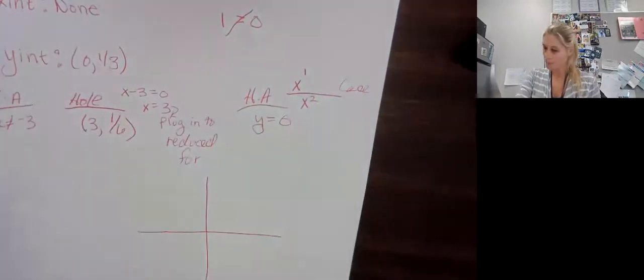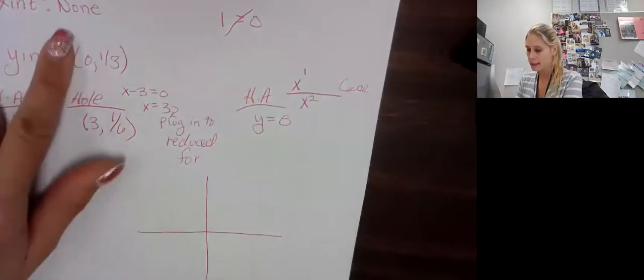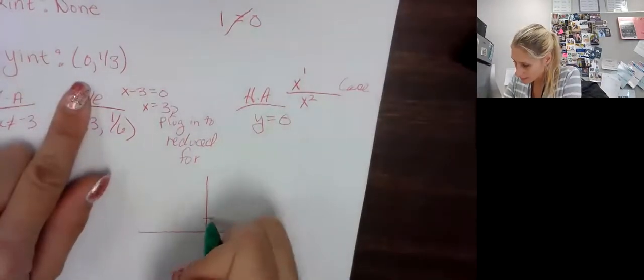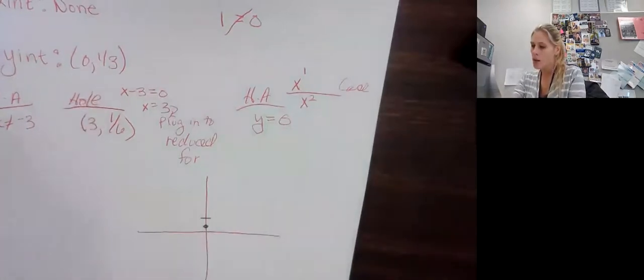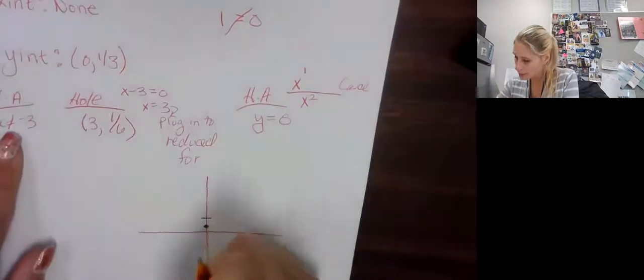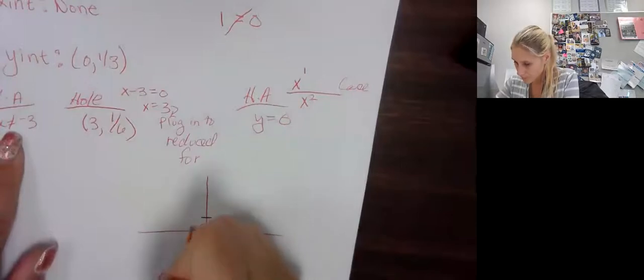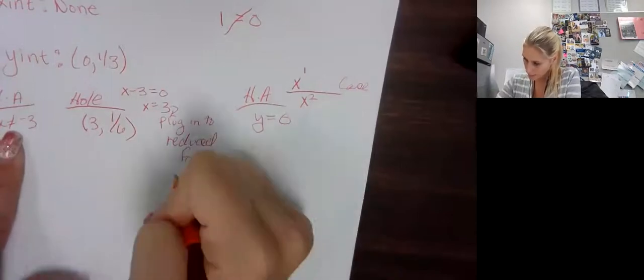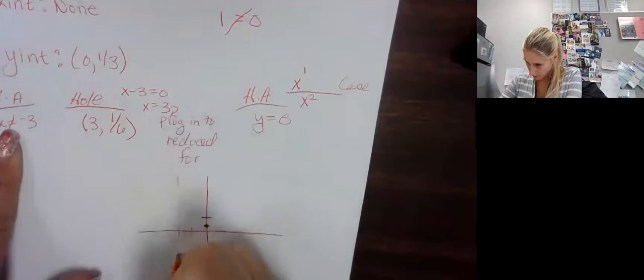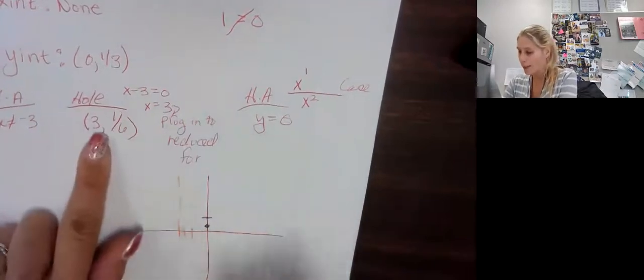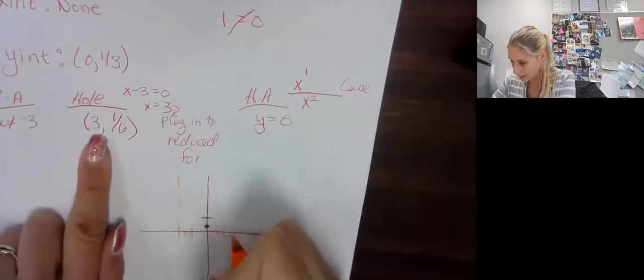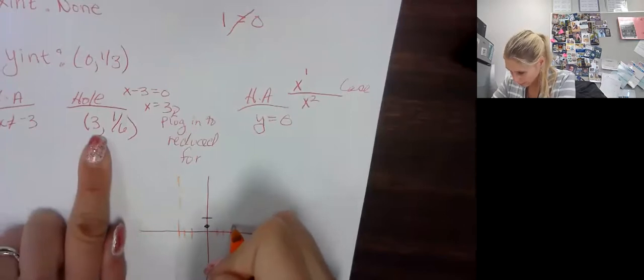So no x-intercepts. The y-intercept is at 1/3. We have a vertical asymptote at -3, dotted line right there. And we have a hole at 3, 1/6. 1/6 should be lower than the intercept.